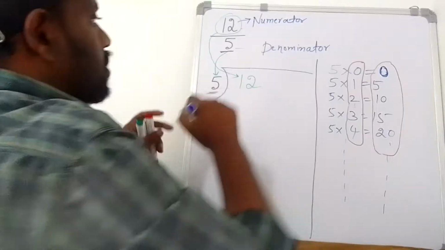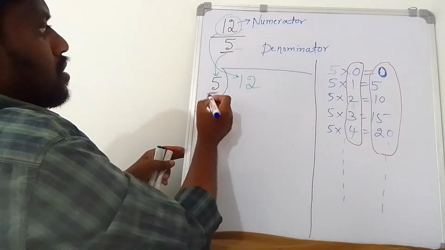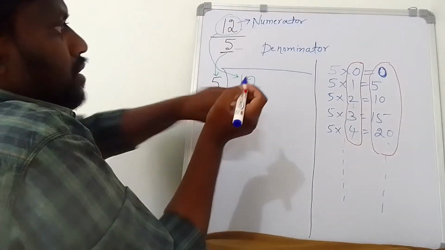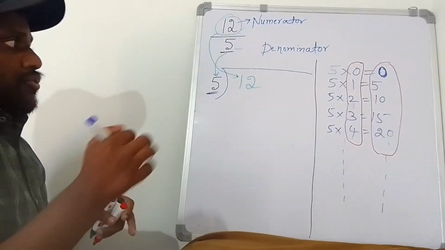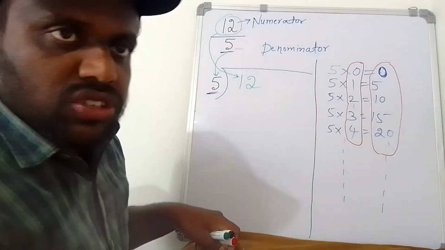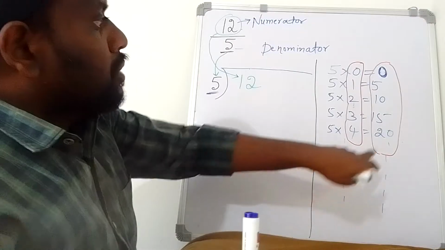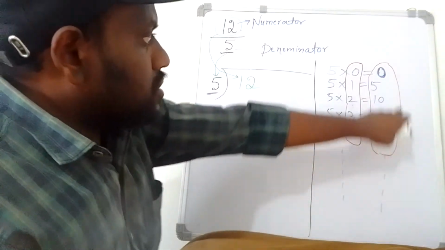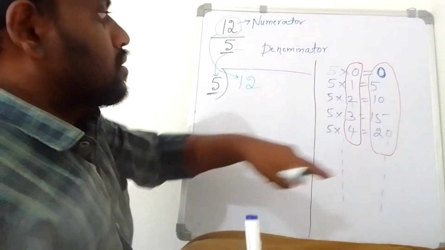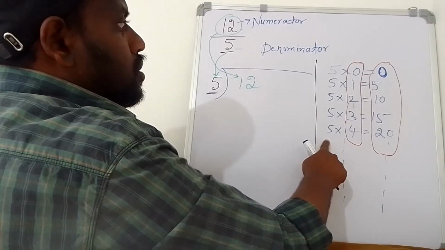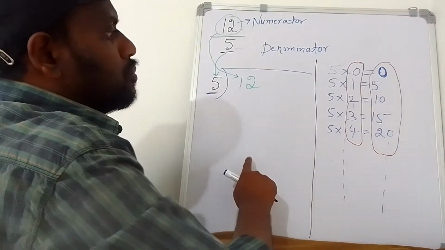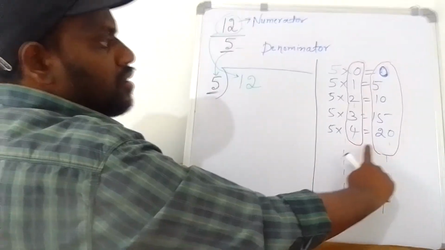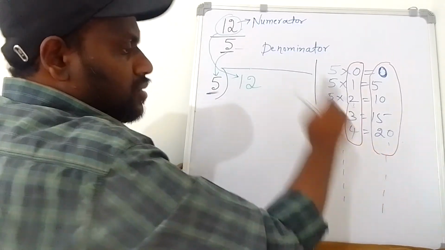The denominator is 5, so you have to write the table of this denominator 5. While doing the division process, you should mainly concentrate on this column and this column.